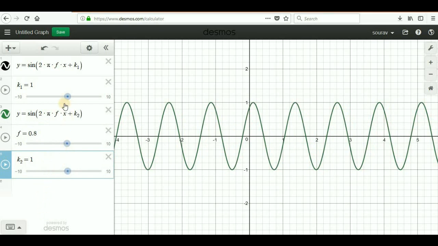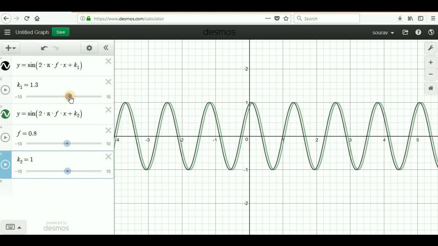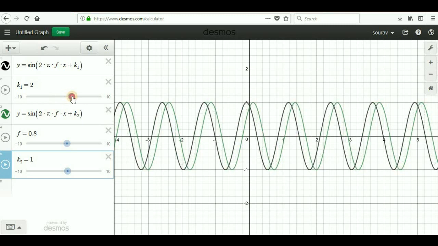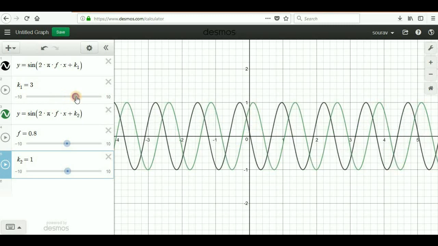Now, if I just change the phase a bit, you can see that even though all the other components like frequency and time are the same, the phase, or the time at which both of them reach peak or start, is changing, right?